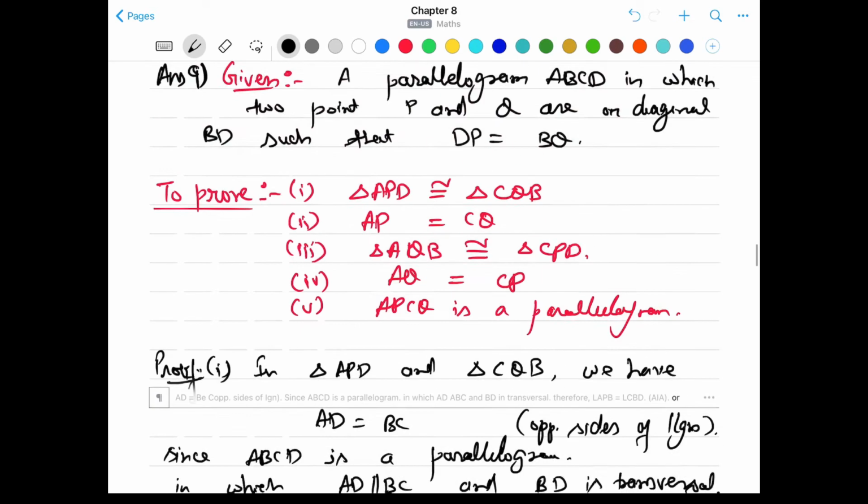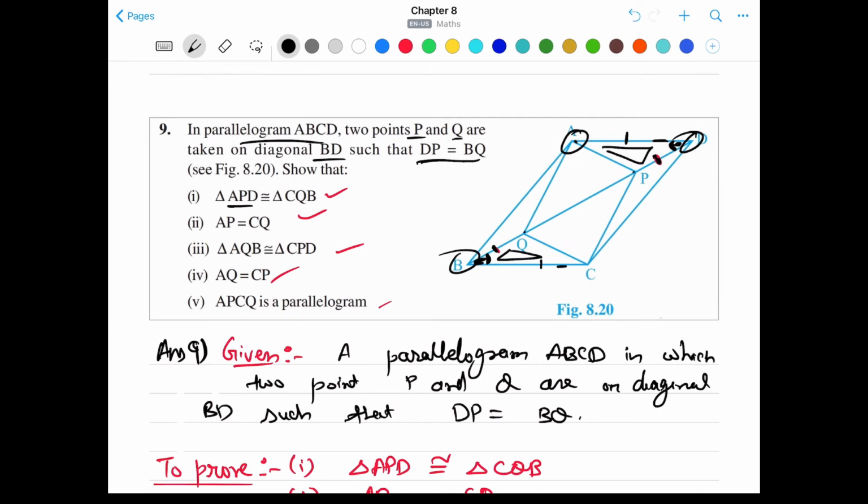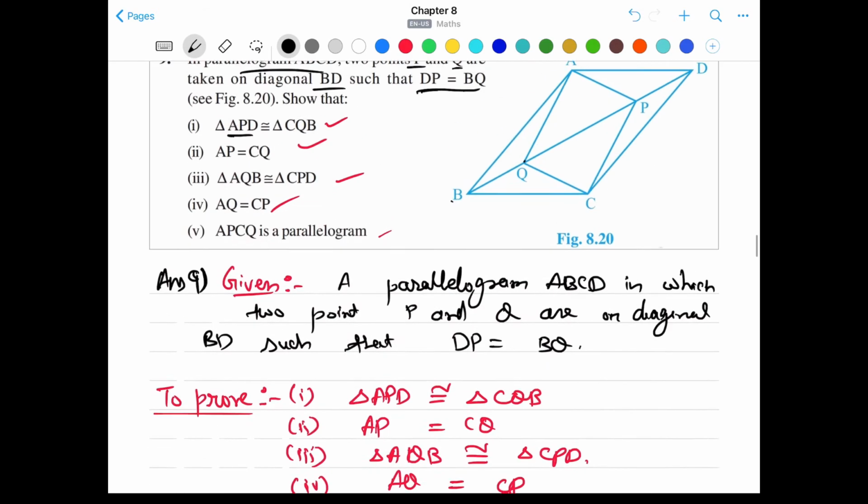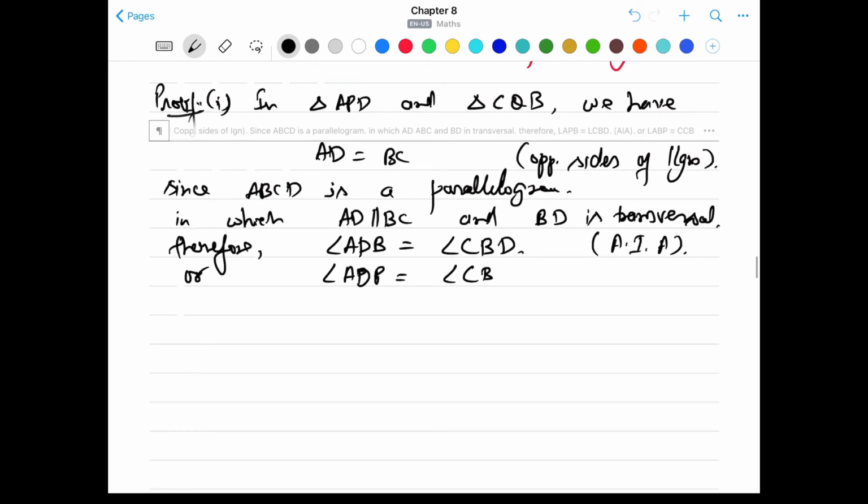Or we can write this as, instead of taking this DB completely, we'll take it only till point P. So we can write angle ADB as angle ADP. In a similar way, instead of writing angle CBD till point D, we'll write it only till point Q. Again this is our alternate interior angle.